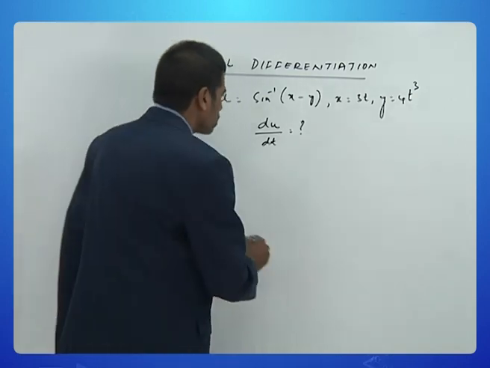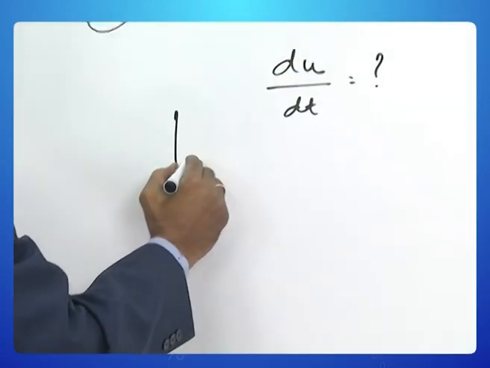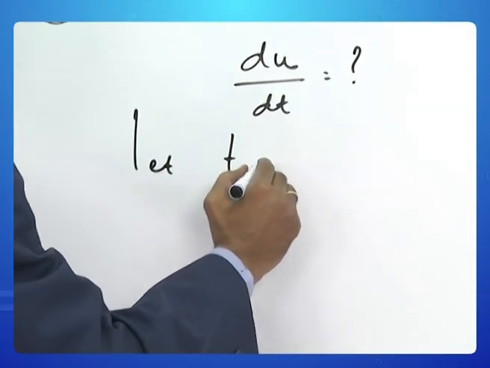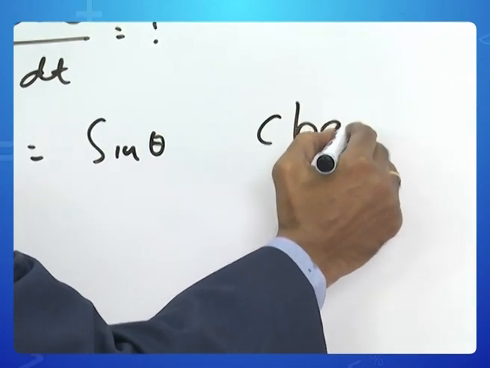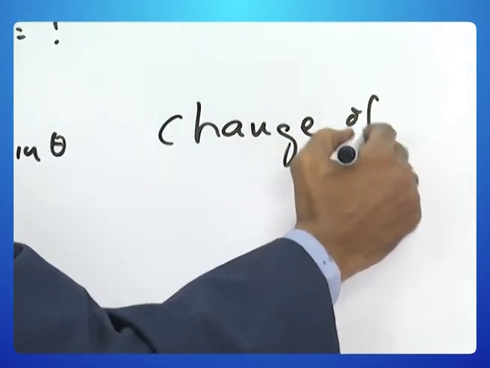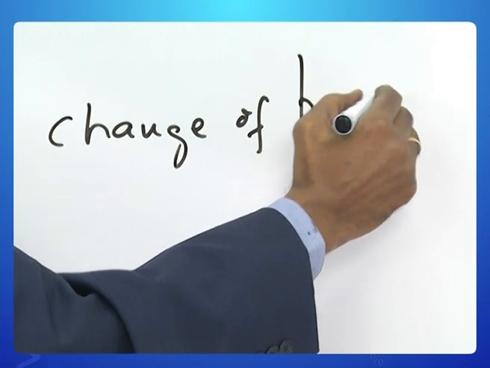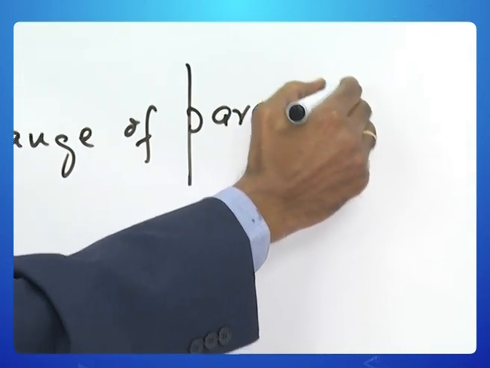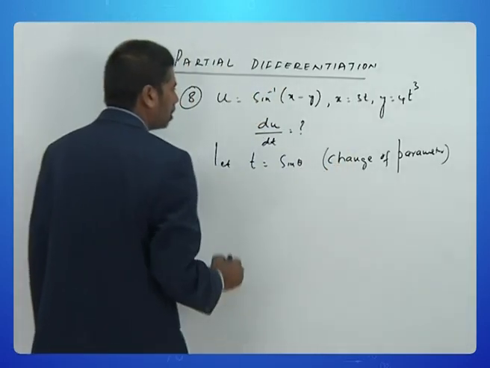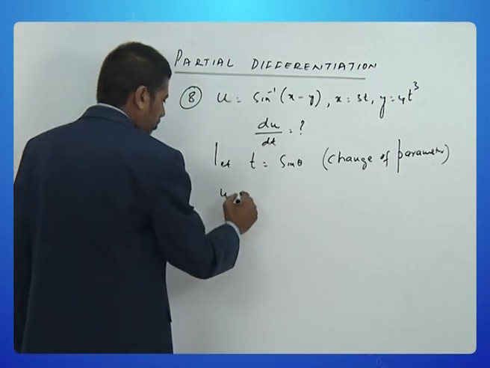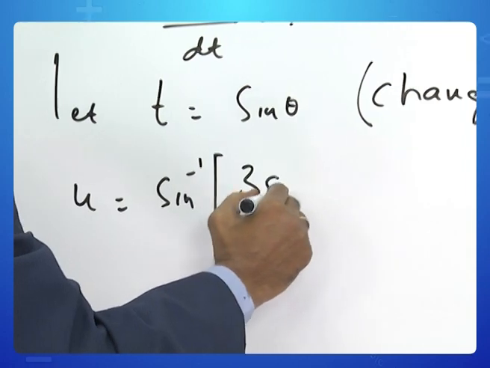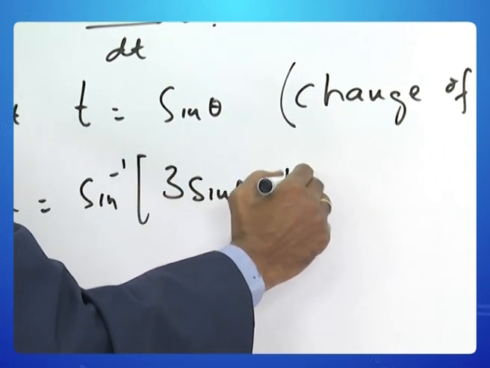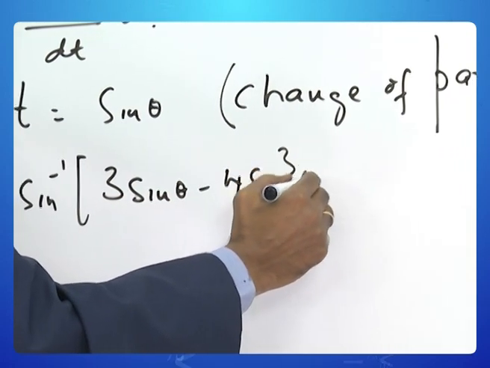So what we do is, let t is equal to sine theta. So there is nothing but a change of parameter. Then u would become sine inverse of 3 sine theta minus 4 sine cube theta.